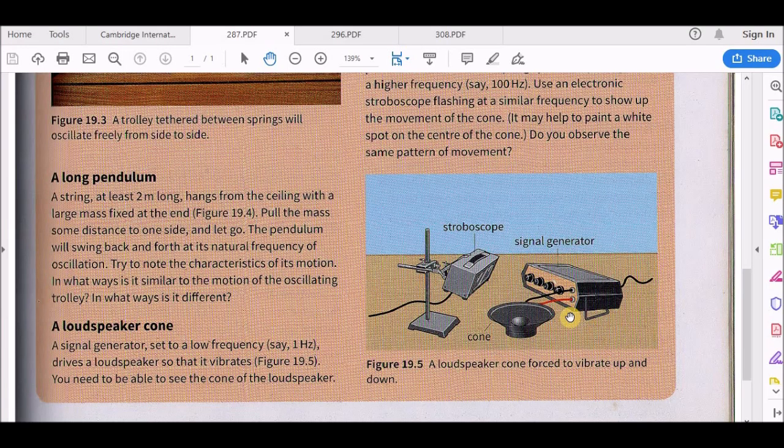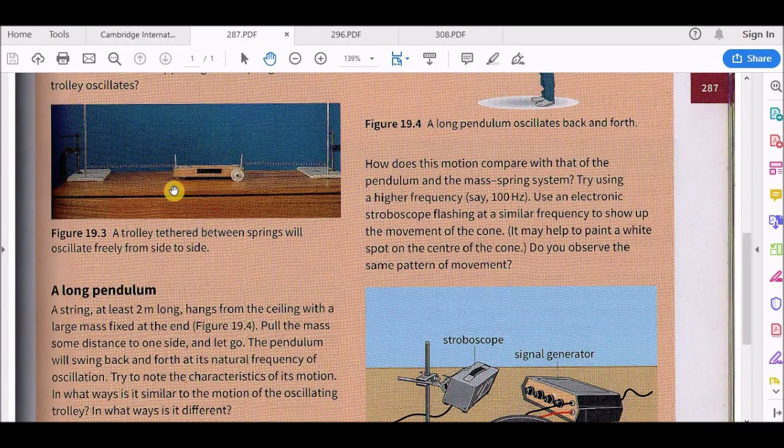But if you open that part of the speaker, you will see there is something like this inside, and when it is switched on, you will see that this is moving forwards and backwards, up and down. Here also it's moving backwards and forwards.